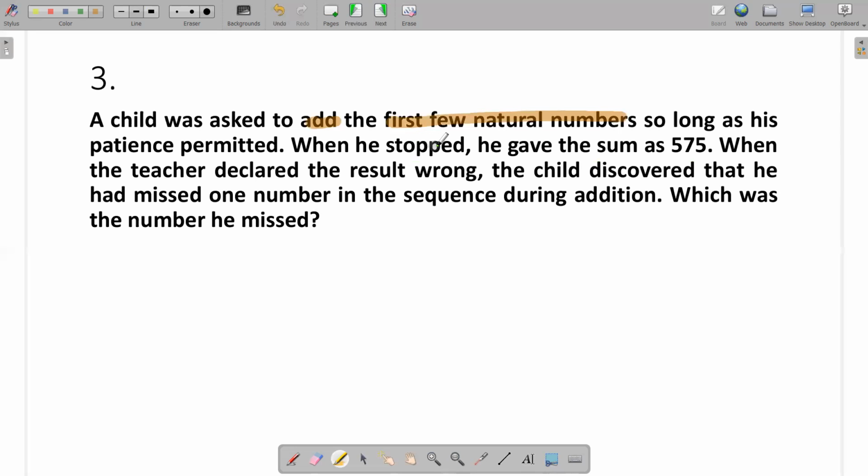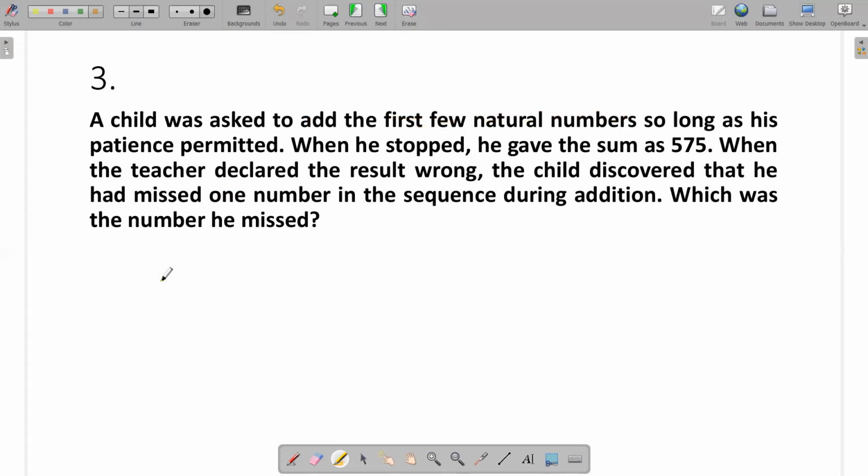When the child stopped adding the first few natural numbers, he gave the sum as 575. When the teacher declared the result is wrong, the child discovered that he had missed one number in the sequence during addition. Now the question is, which was the number that he missed?